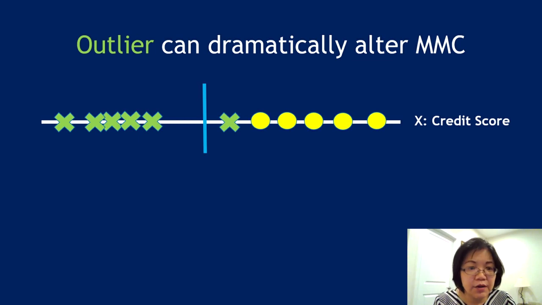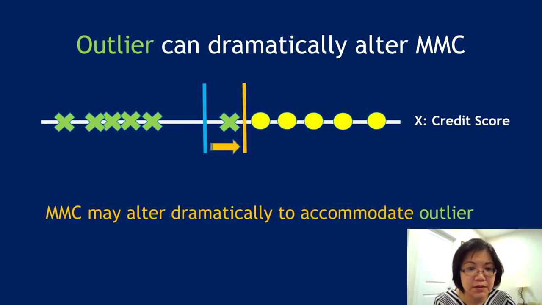However, if you have an outlier, which is this new green dot over here, that's going to force the MMC to be over here, which is represented by the orange line. So that's a dramatic shift from the blue line to the orange line just to accommodate this one outlier.